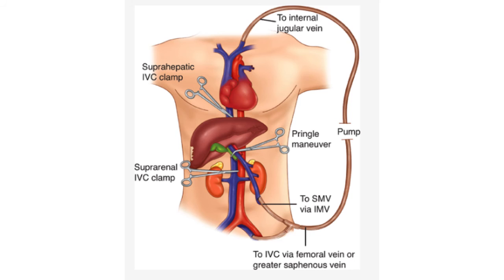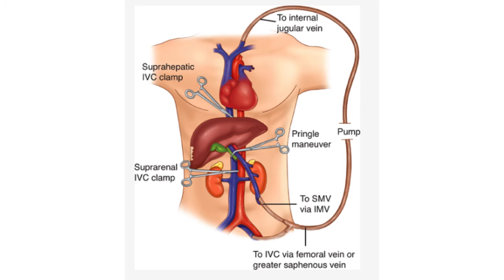I'll get into this picture a little bit later, but if bleeding continues despite repeated attempts at packing, and the Pringle maneuver does not stop the bleed, then you assume that it's either coming from your hepatic veins or your retrohepatic vena cava.